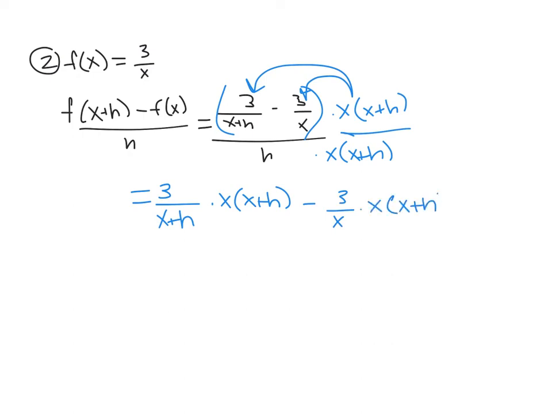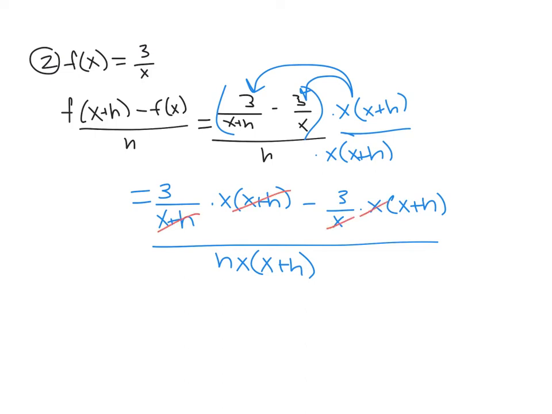You'll notice, hopefully you can see the reason I'm doing this. By the way, I'm going to warn you, in the denominator, do not distribute yet. Whenever you have something like this, keep it in factored form until you actually need to have it simplified in the very end. So my x plus h and my x plus h are going to cancel out.